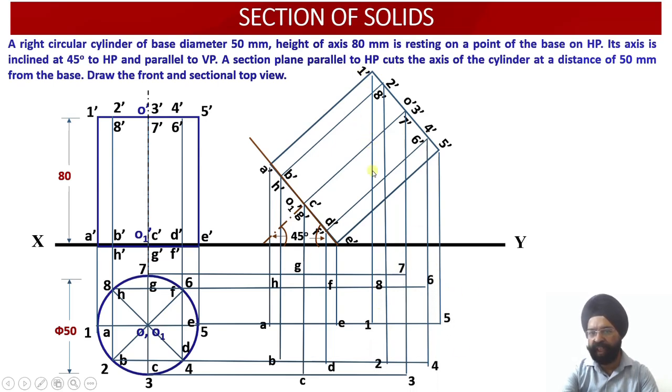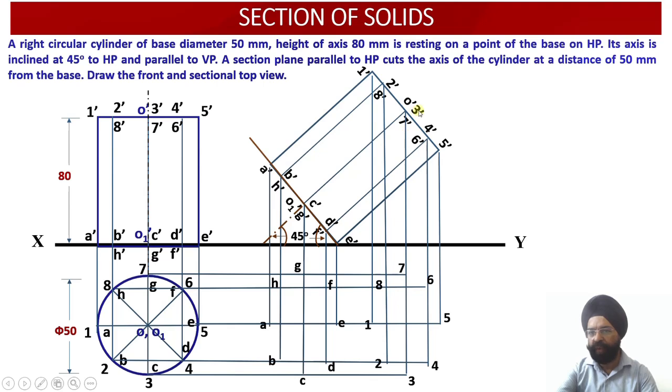You see, this is the vertical projector through 1, this is the horizontal projector through 1, and this is the vertical projector through 2 dash and 8 dash. Just see, 2 dash and 8 dash. So this is the horizontal projector through 2, and again the horizontal projector through 8. Right, so 2 and 8 have been located.